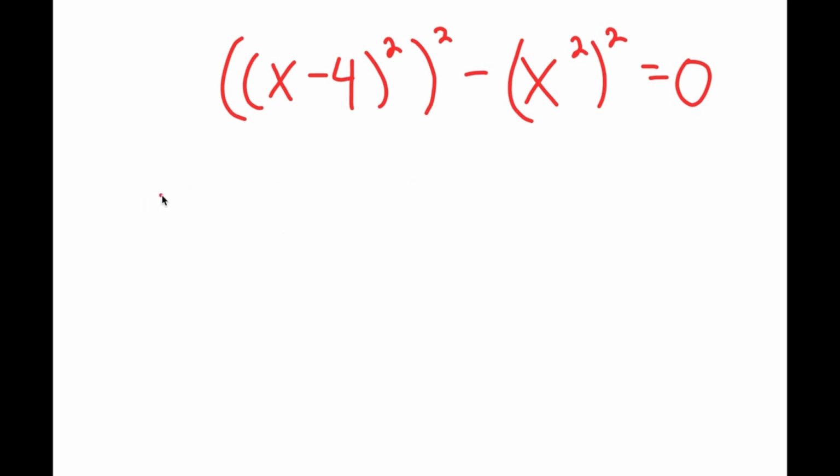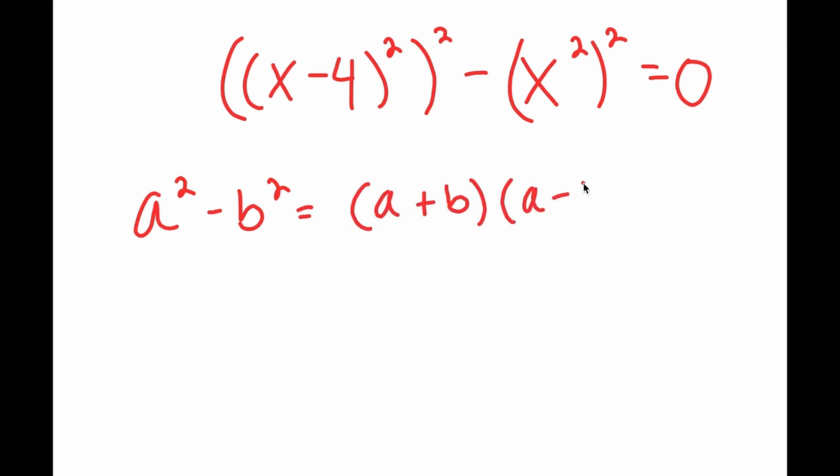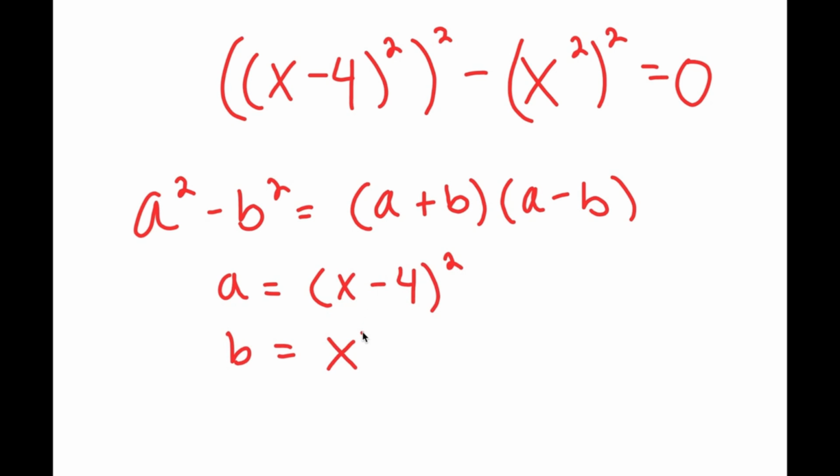And now I can use the property a squared minus b squared is equal to a plus b times a minus b. So in this case, a is x minus 4 squared, and b is x squared.